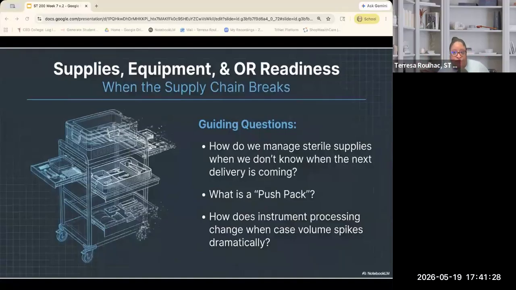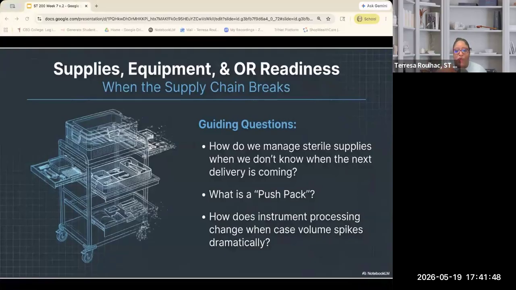Now, how do we manage sterile supplies when we don't know when the next delivery is coming? On a regular day in the operating room, we assume something very important. And I said assume because we do.